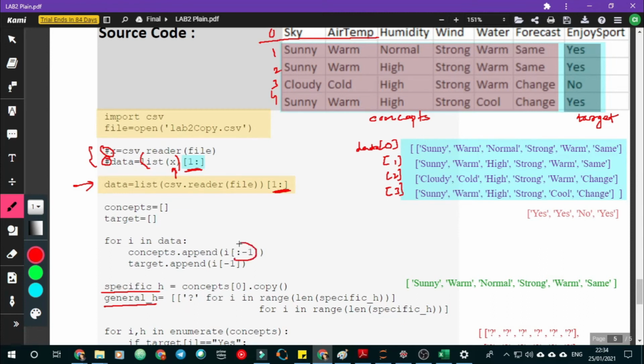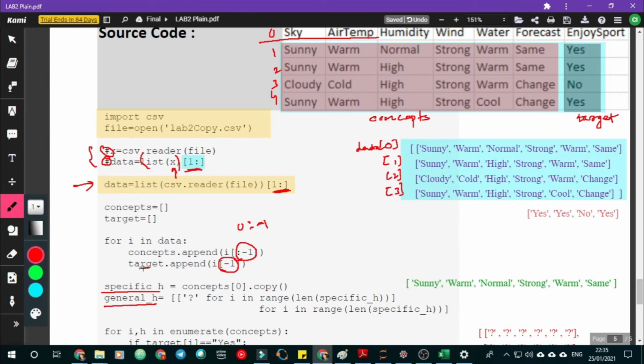This excludes the target value, and this is including the target value. So from 0 to -1 means from 0 to the last element except the last element. If you do not specify 0, that is understood, from the first element to except the last element, all the elements except the last element.